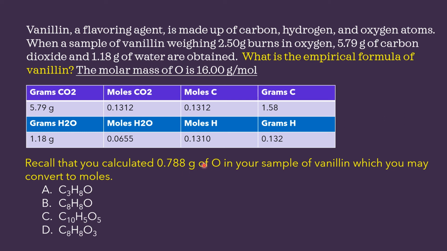That you can easily convert to moles using the molar mass of oxygen. And then you will have moles of all three, carbon, hydrogen, and oxygen. From there, you can work your way towards the empirical formula. It'll take a little mathematical manipulation, but you can do it. Pause the video, give it a try.